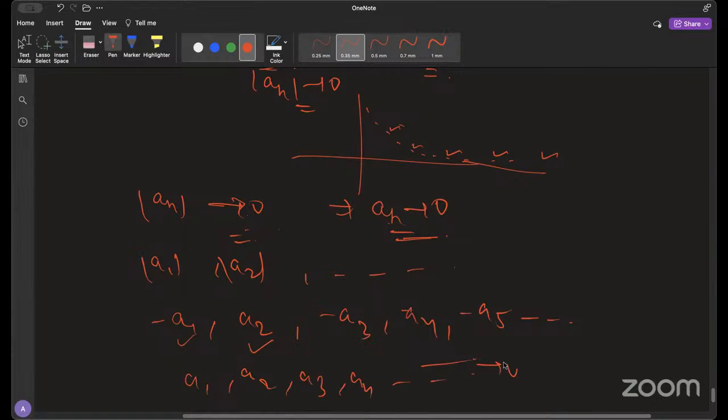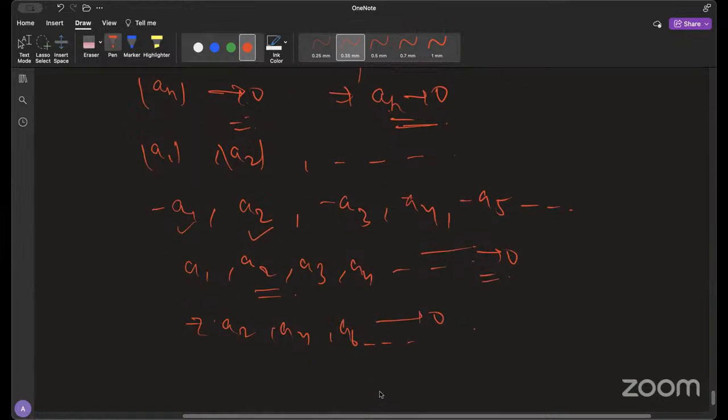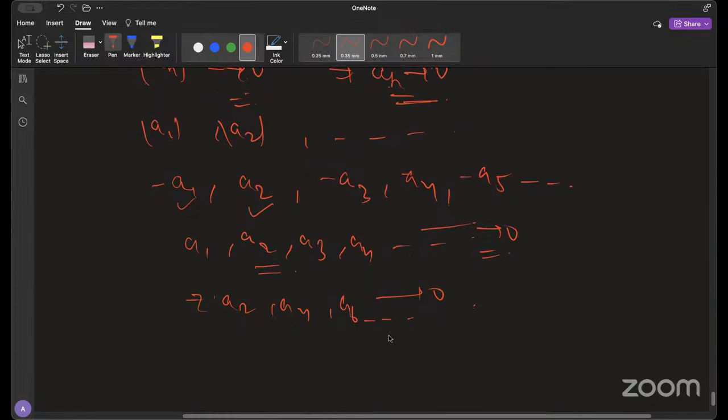And this thing is going to 0, right? So if this thing is going to 0, then do you agree that your a2, a4, a6 is also going to 0? Yes, ma'am, because it's a subsequence. Yes, we just discussed it. So this is also going to 0.